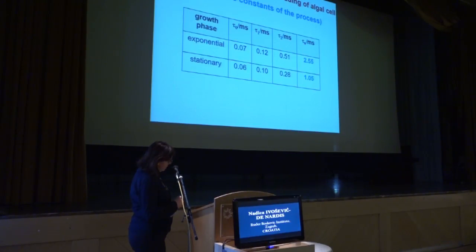Just for comparison, for the cell the adhesion time constant that determines the whole process is 1 millisecond. But for a lipid vesicle, where for adhesion we have only the membrane and inside it's an aqueous electrolyte solution, that process is 10 times faster because there's no intracellular content.